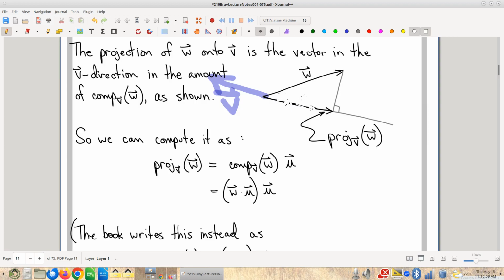So let's ask ourselves, in the direction defined by V, what's the projection of W? Well, the big idea is still that we want to drop the perpendicular, and when we say the projection, we're interested in this vector.